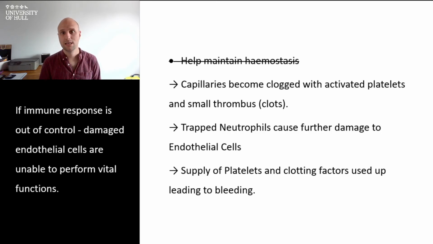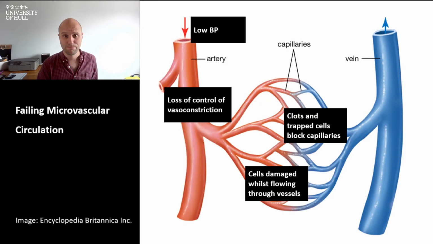So we get capillaries that get clogged up because we've got platelets being activated and thrombus being formed. Some of the neutrophils and the other cells that have these sort of toxic granules get trapped, which causes further damage. And because this is happening very widespread, the platelets get used up and the clotting factors get used up, which can lead to bleeding.